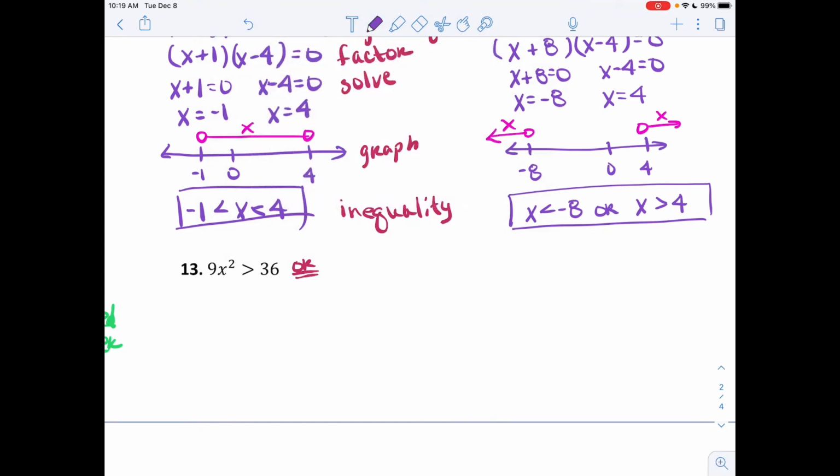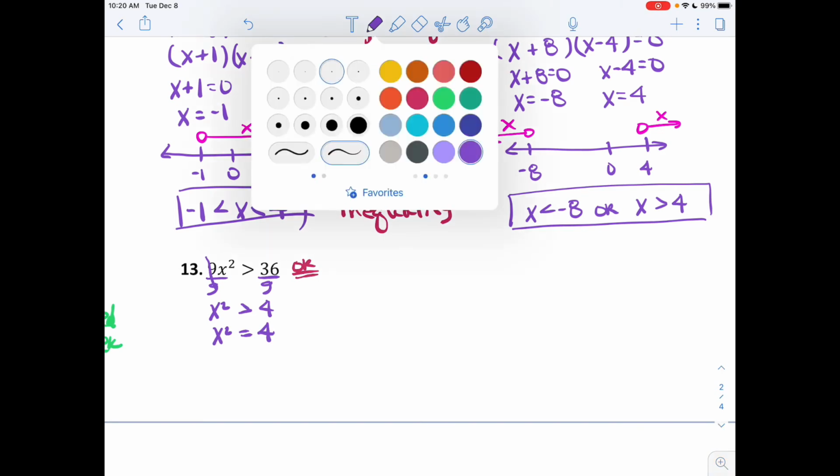The first thing I want to do is simplify the left side as much as I can, so I'm going to go ahead and divide both sides by 9 and get that x squared is greater than 4. Then I do the same step of changing this to an equality to identify my critical points.